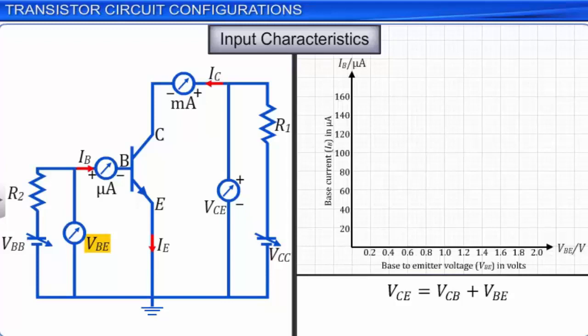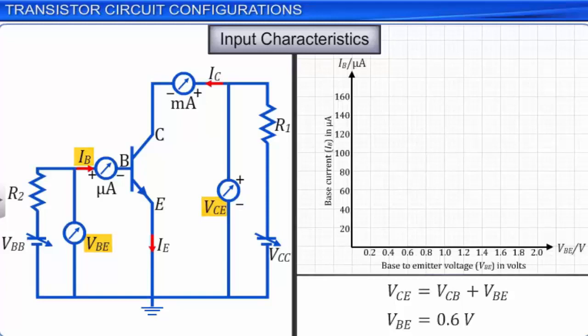An increase in VCE appears with an increase in VCB, keeping VBE constant. Thus, the effect on the base current IB is negligible. Hence, different constant values of VCE give almost identical curves for the input characteristics.